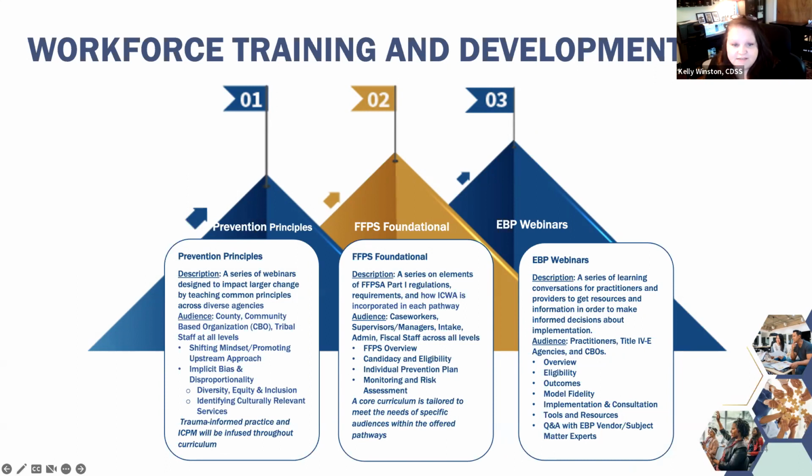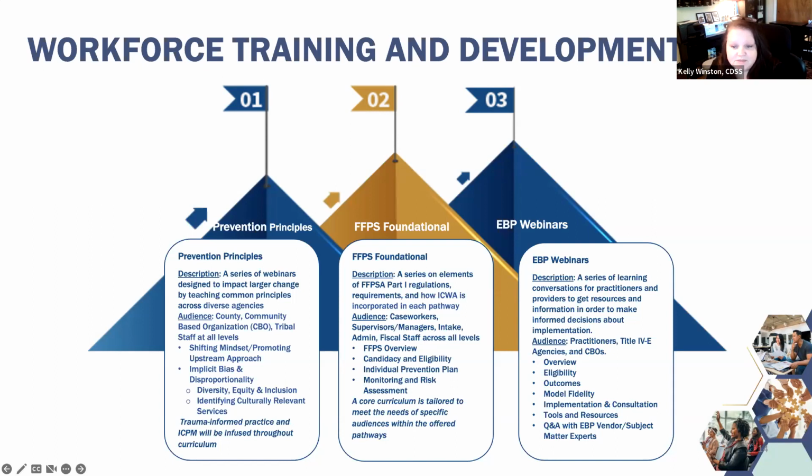And just know that this is a version that was shared with stakeholders back in April. But since then, we have been working hard to update that based on all of that great stakeholder feedback that we received, and refining this training proposal so that we can submit our prevention plan to the Administration of Children and Families. And we're hoping to do that in the upcoming weeks.